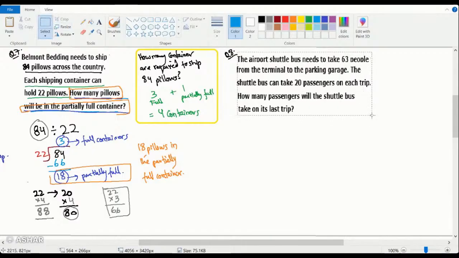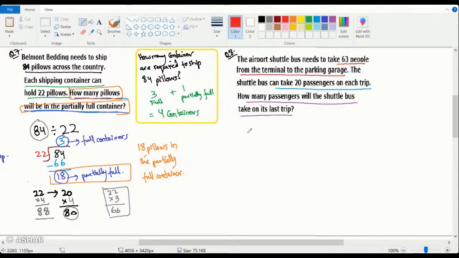We'll try to change some values in the same question. The shuttle bus can take 20 passengers on each trip. And they're asking us, how many passengers will the shuttle bus take on its last trip?